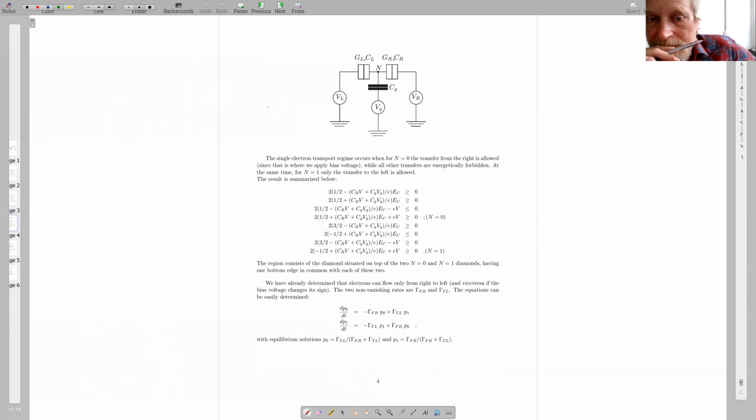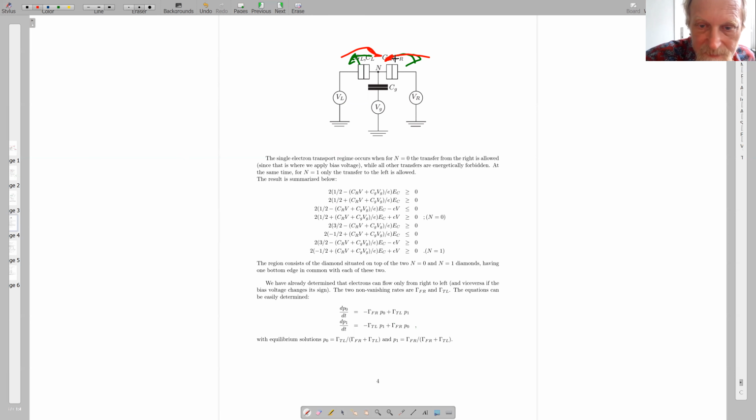One needs to compute all possible energy differences, and there are 4 possible transfers: from the right to the left, and in the opposite direction, from the left and from the right.